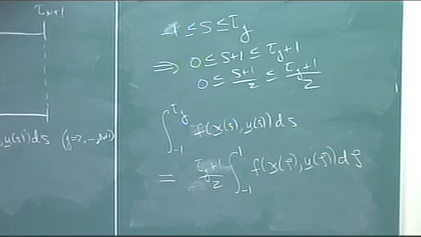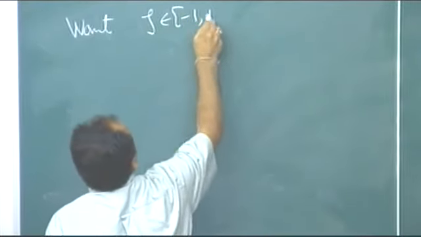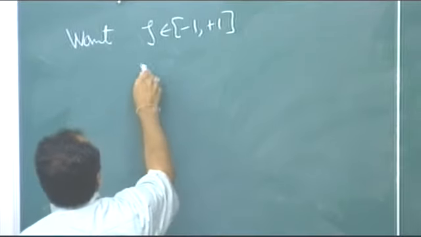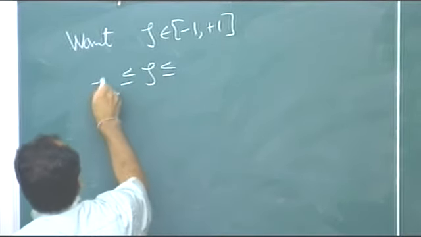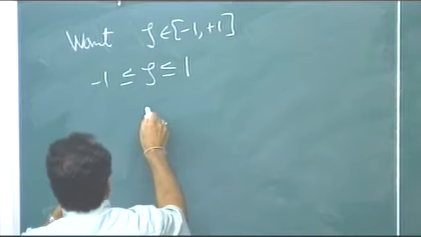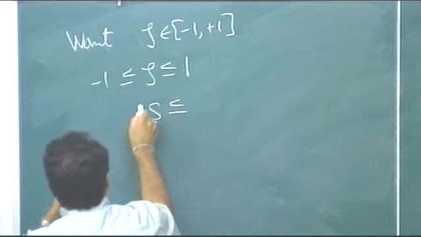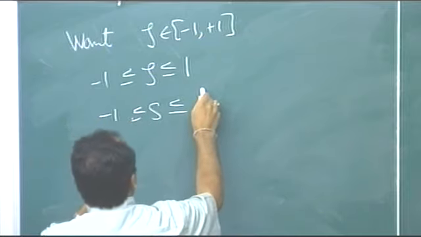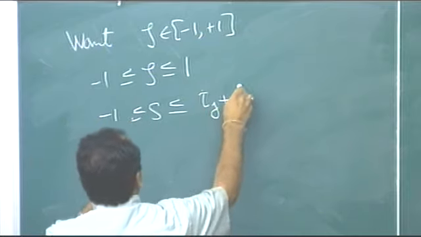let's do it slowly. So I want zeta on -1 to +1. So that says that zeta, when I'm all done, has to give me something that's between -1 and +1. And I have the interval of s, which goes from -1 to tau j, right?